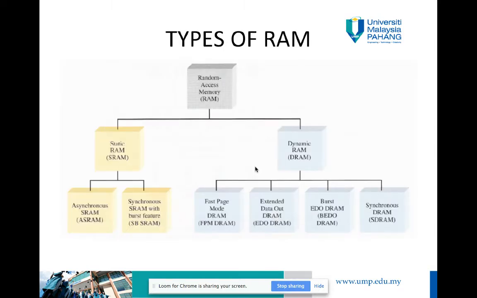There are a few types of RAM. RAM is divided into two main categories: static RAM, SRAM, and dynamic RAM, DRAM. Under the static RAM, there are two types: asynchronous static RAM and synchronous static RAM with burst feature.